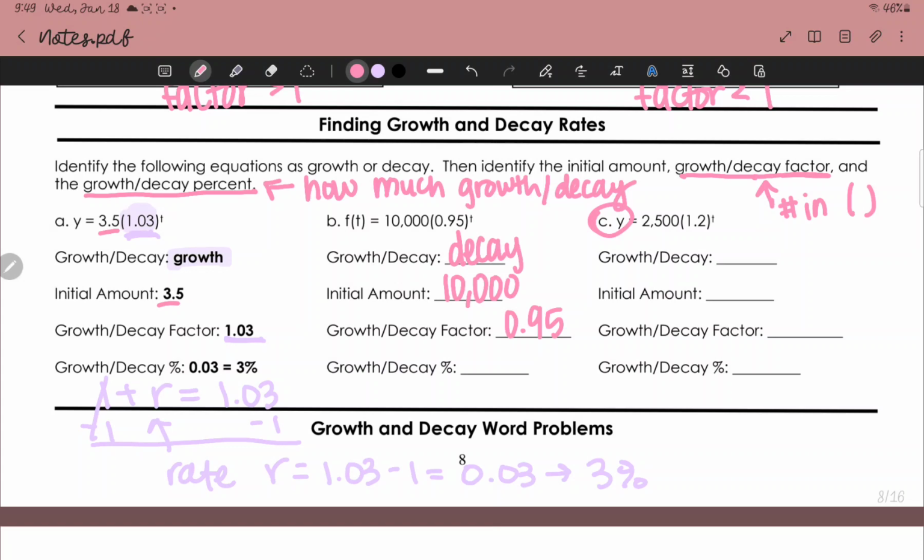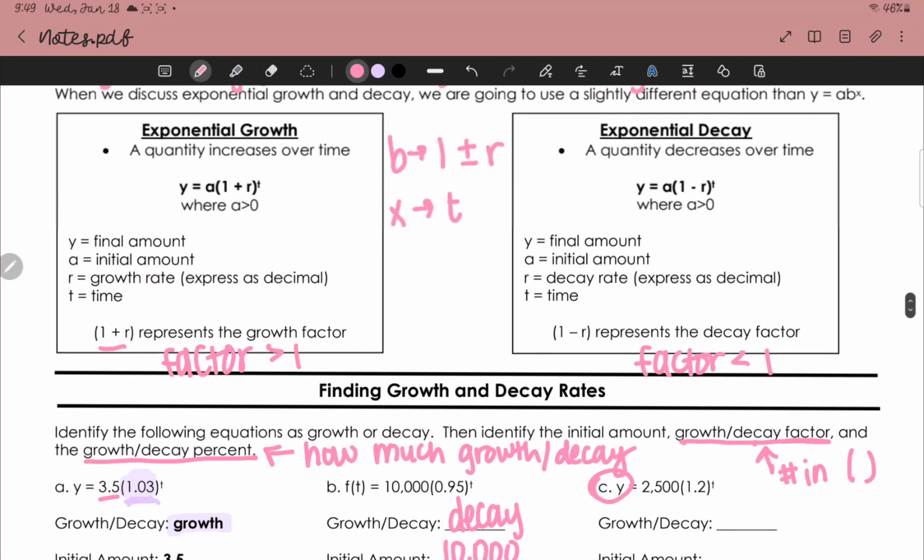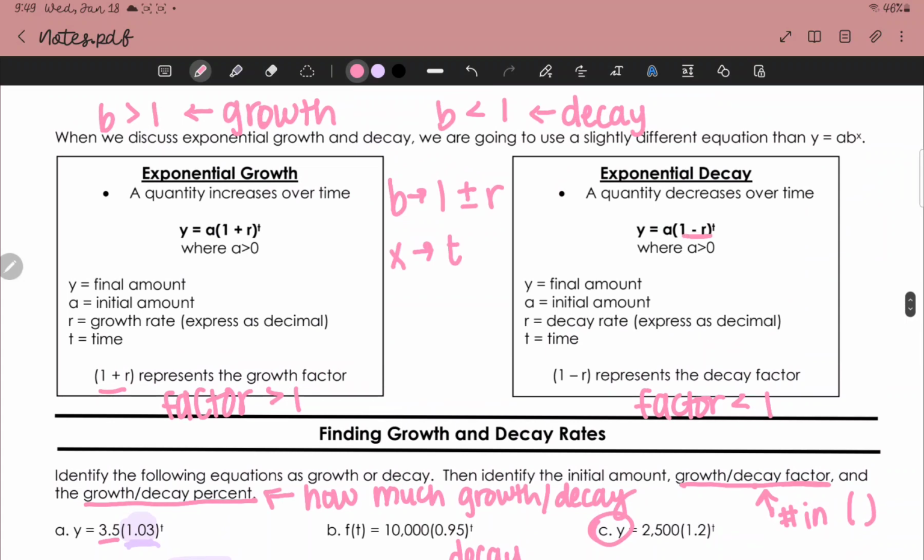And similar to how A was done, if you're trying to find the decay rate, decay is 1 minus r, and that equals my factor. Looking up here, 1 minus r is our factor, and same thing up here, 1 plus r is also your factor.